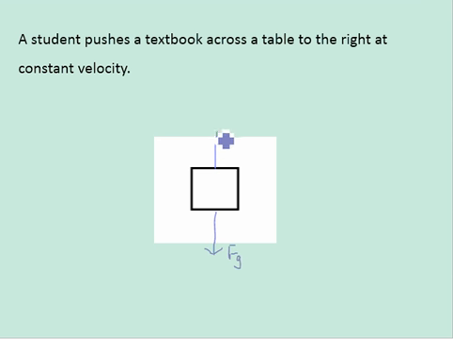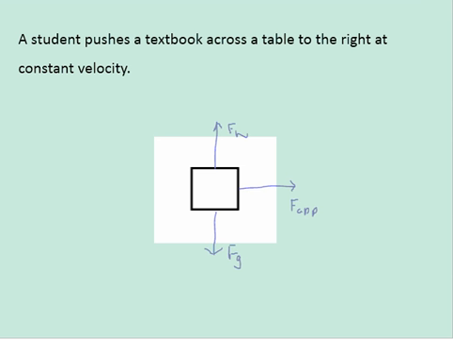We still have our normal force balancing it out because the object is not moving or changing its motion in the vertical direction, so those two forces still have to exist. But here's something, the student's pushing. So we're going to say pushing it to the right. So here's where I said even though it looks like you would want to put the arrow into the box coming from the left and going towards the right, we're going to draw all our forces radiating out from the box.